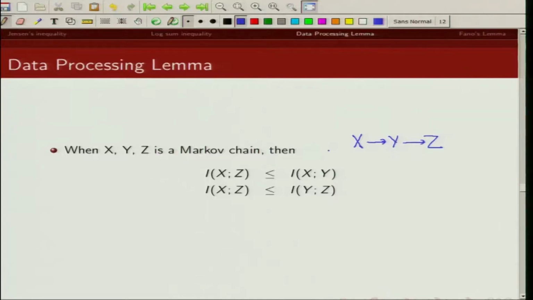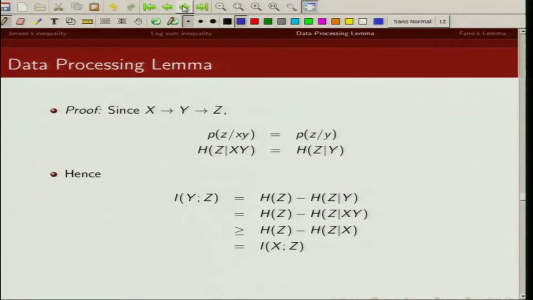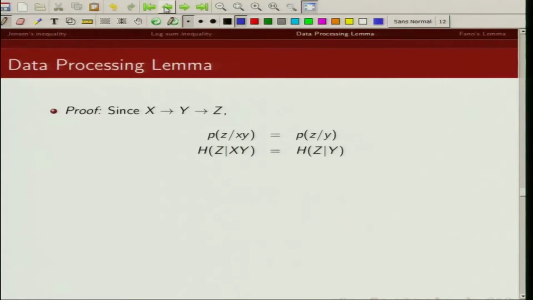So in other words, further processing of data does not increase the information content. So how do we prove it? So let us just prove. Since x, y and z form a Markov chain, we use the property of Markov chain.